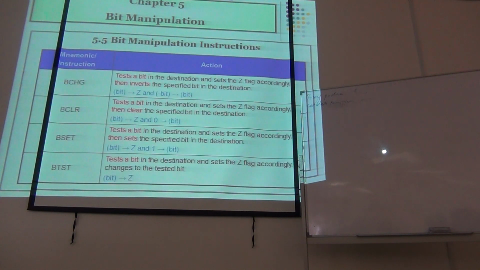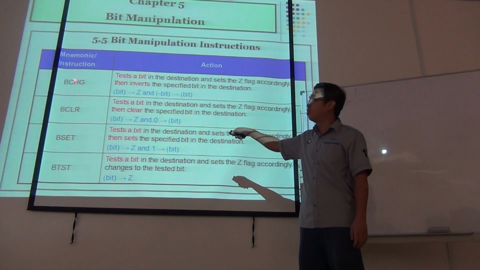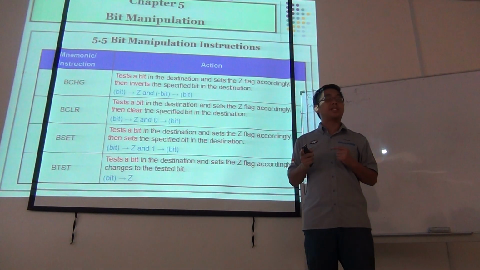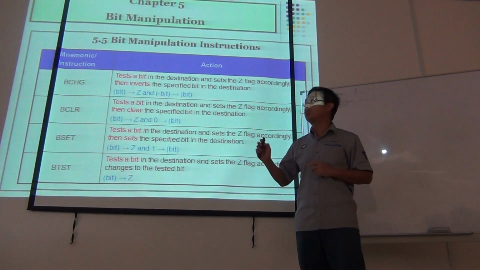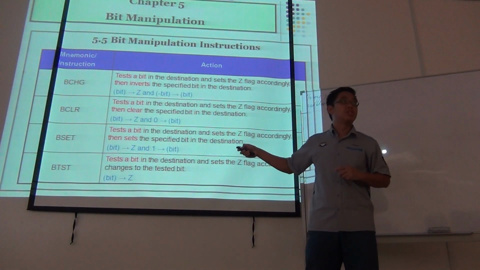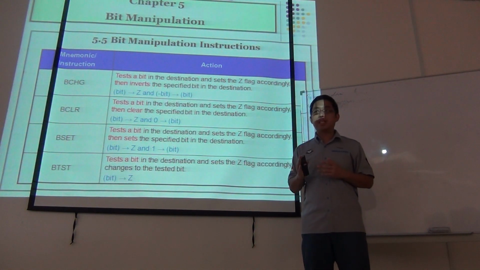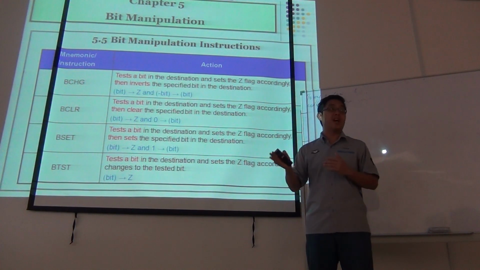Okay, let's go for the first one, the definition. Look at the definition, it's very simple. It requires you to test and do something. The first one is bit change. Bit change means you have to test the bit and then change accordingly, which is to invert the value.